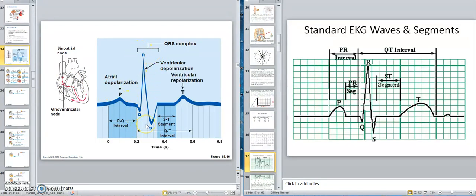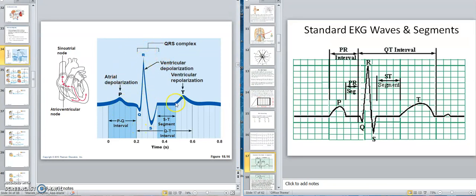So the QRS complex is ventricular depolarization. You have a Q wave, or shall I say a Q point, an R wave, an S wave. That's the QRS complex. That corresponds to ventricular depolarization.